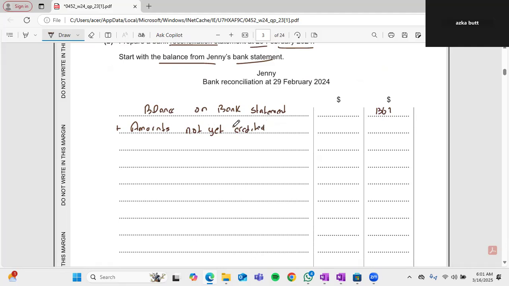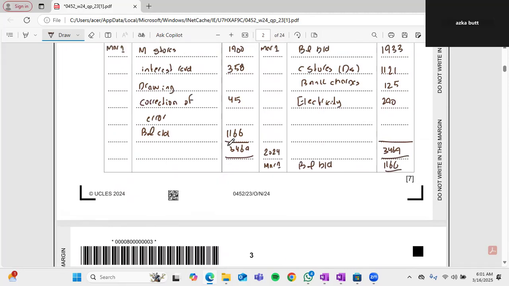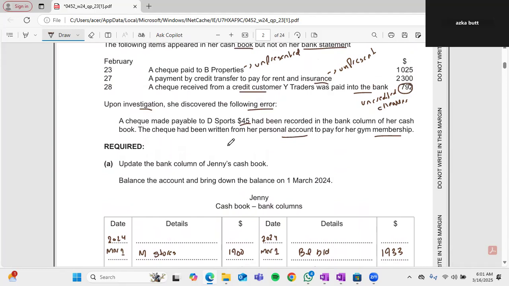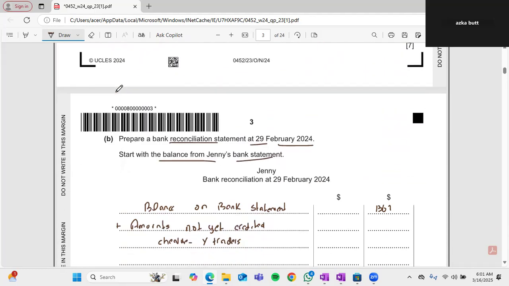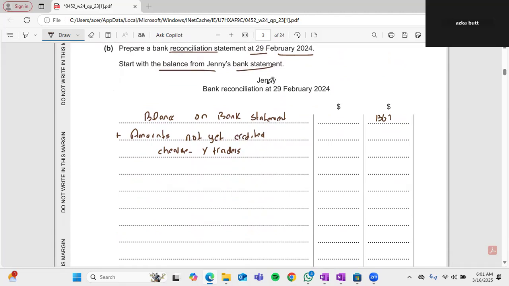There's only one check, with the name of Y traders. As you can see, this is the uncredited check on 28 Feb. This is 792. Now we have to deduct the amounts which are not presented.